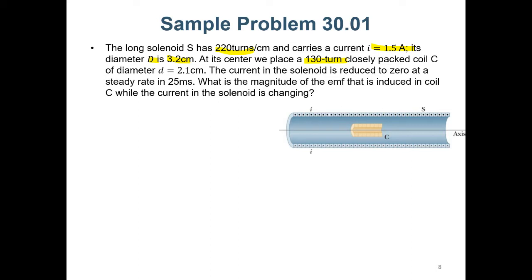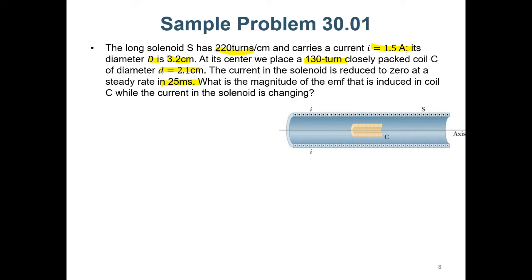Coil C has a diameter d, which is slightly smaller. The current in the solenoid is reduced to 0 at a steady rate in 25 milliseconds.